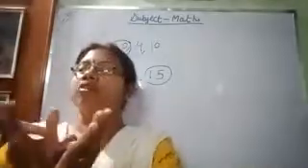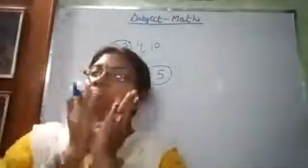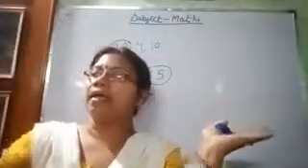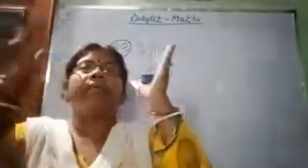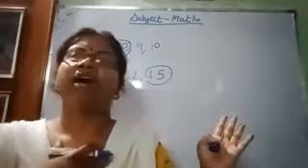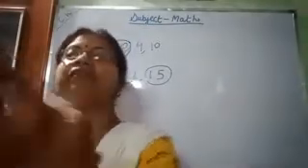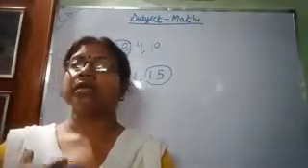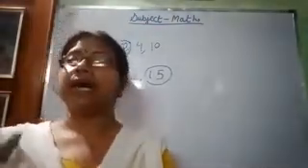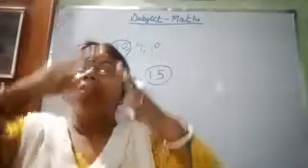As we go forward in counting, the numbers become big, big, big. If I have 10 toffees and you have 100 toffees, then which is bigger, 100 or 10? 10 is smaller, 100 is bigger.